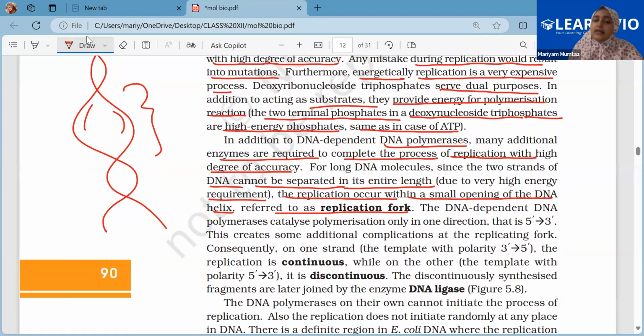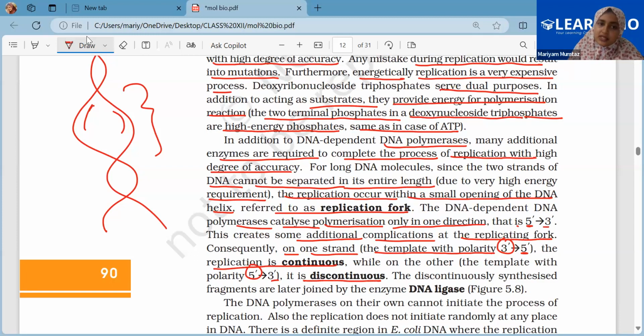Now the DNA-dependent DNA polymerases catalyze polymerization only in one direction, that is from 5' to 3'. This creates some additional complications at the replicating fork. Consequently, on one strand, the template with polarity 3' to 5', the replication is continuous, while on the other hand, from 5' to 3', it is discontinuous.